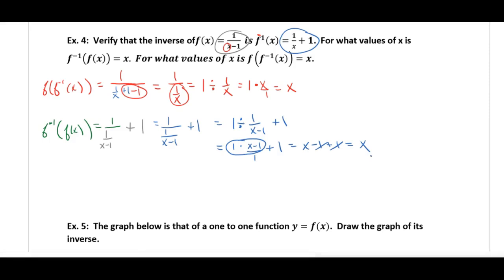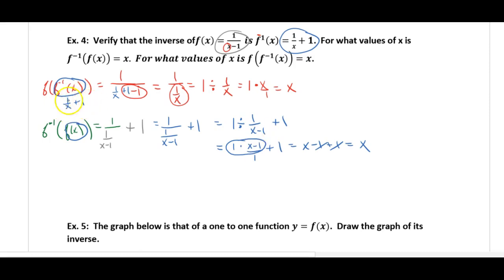But here's the thing, right? When we look at the domain of the first one, now when we look at the input value here, f of x, remember, what did we input? 1 over x plus 1.